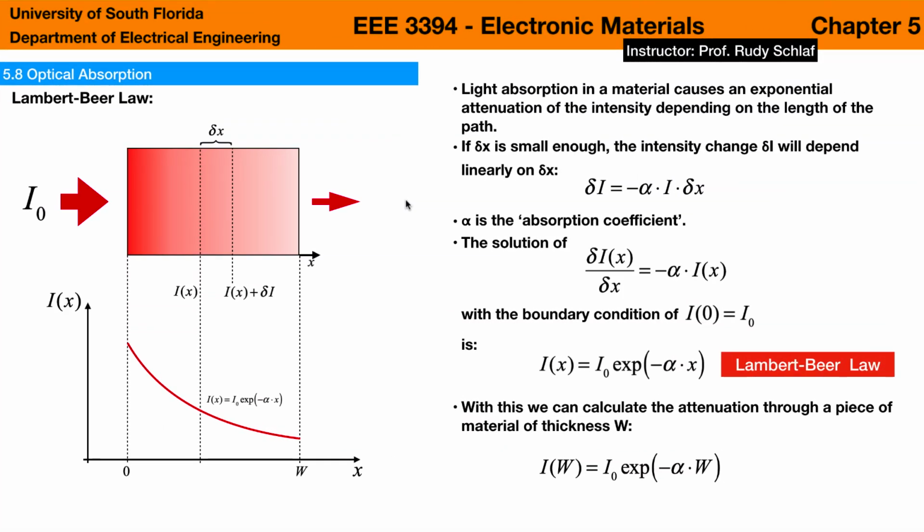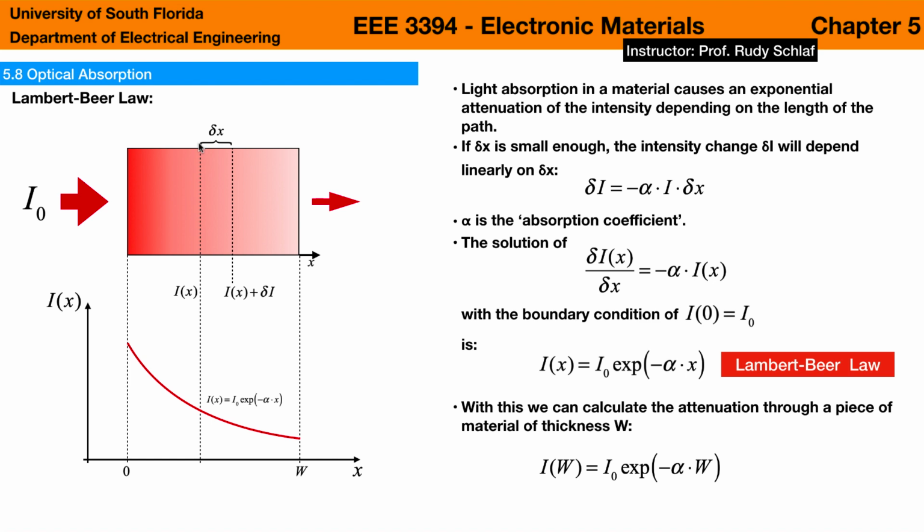Let's try to put some numbers to this absorption process. In general, if light is being absorbed in a material, we get an exponential attenuation of the intensity depending on the length of the path through the material.